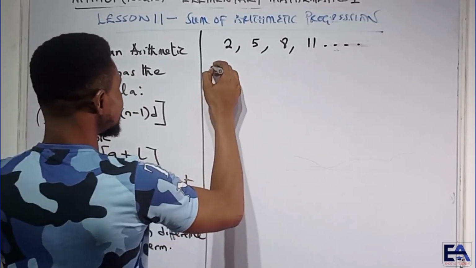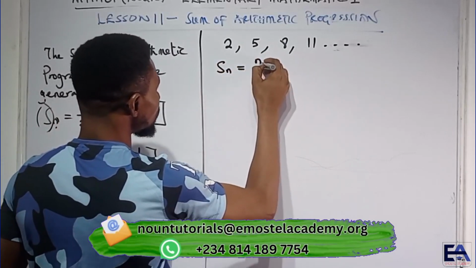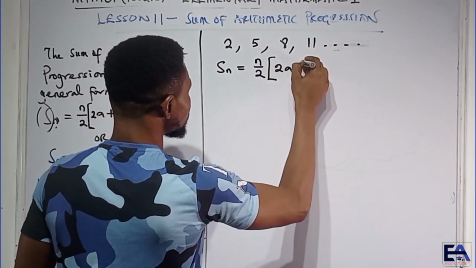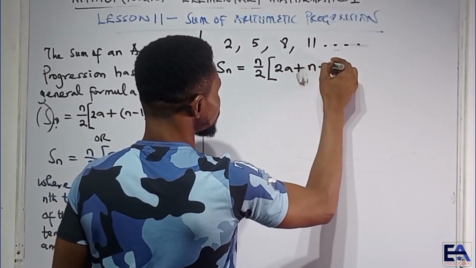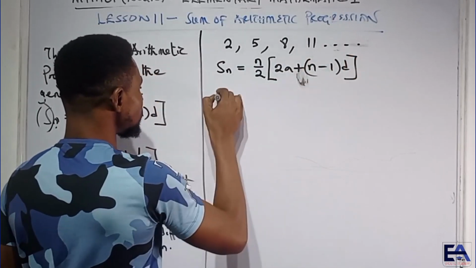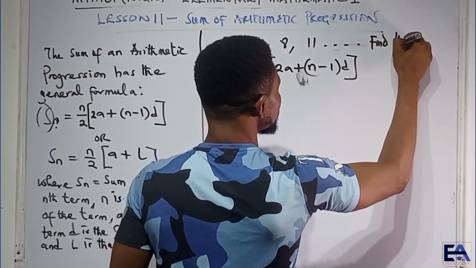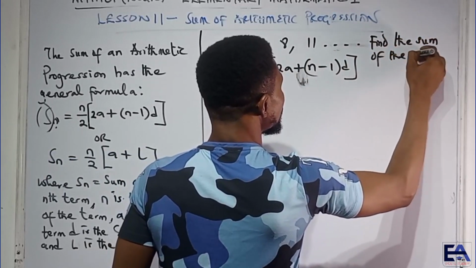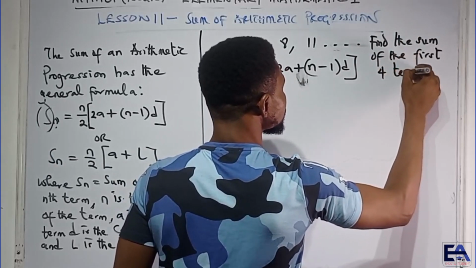The formula says Sn is equal to n over 2, open the bracket, 2a plus n minus 1 d, close the bracket. Let's assume the question says, find the sum of the first 4 terms.